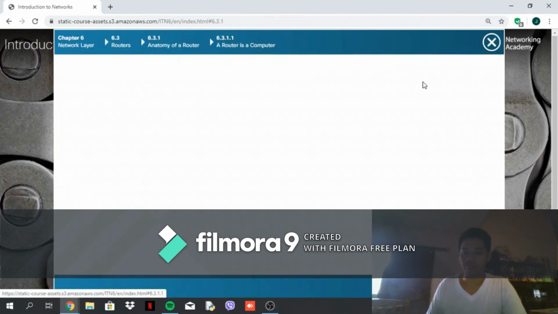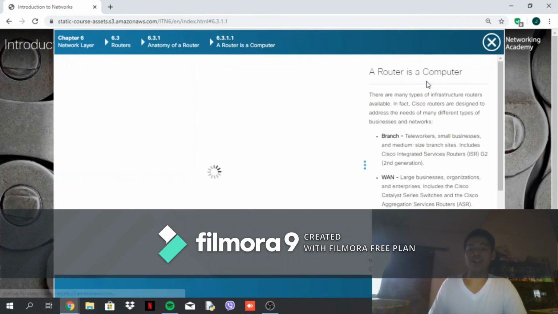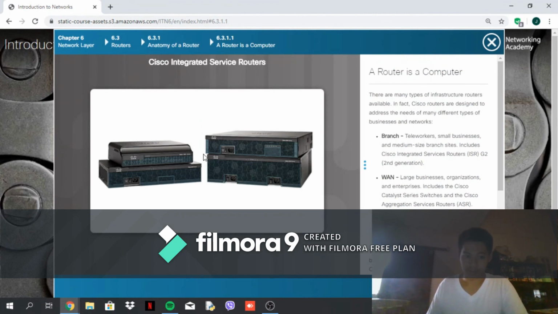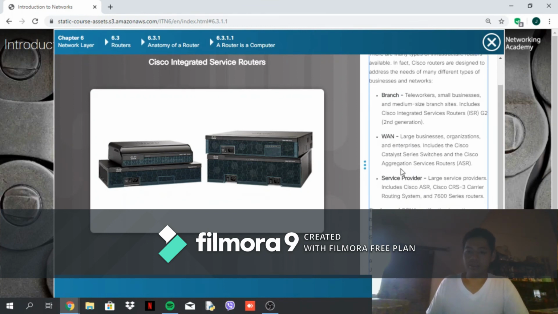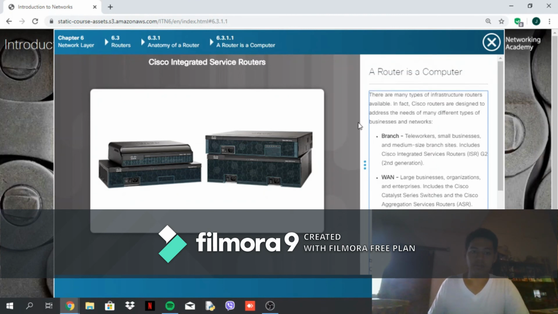Routers. So actually, guys, there are different types of routers. We have here branch, service provider, and those are the different service routers.